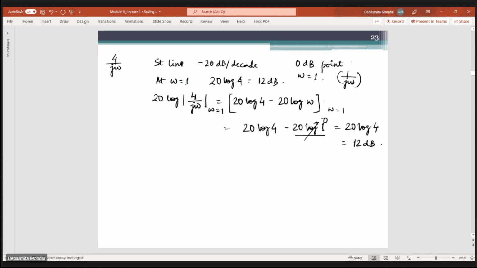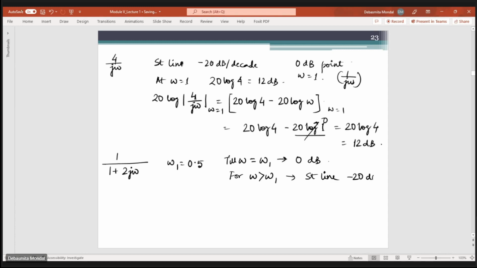Okay, so now you have a pole, 1 by 1 plus 2j omega. Here the corner frequency omega 1 is equal to 0.5. Till omega equals omega 1, this is a 0 dB line, and for omega greater than omega 1, you will have a straight line with a slope of minus 20 dB per decade.